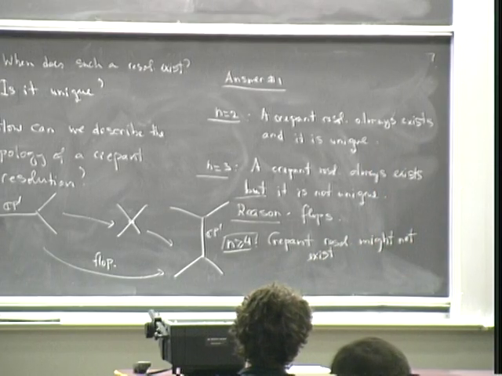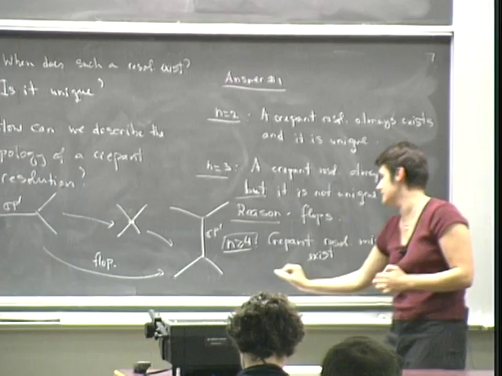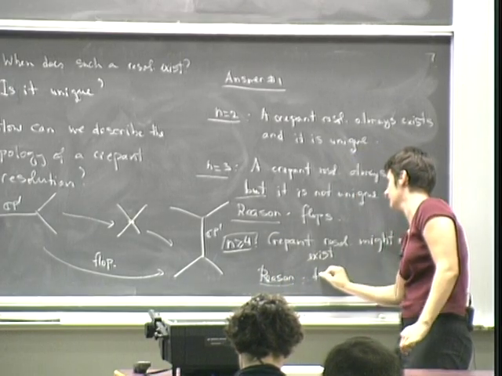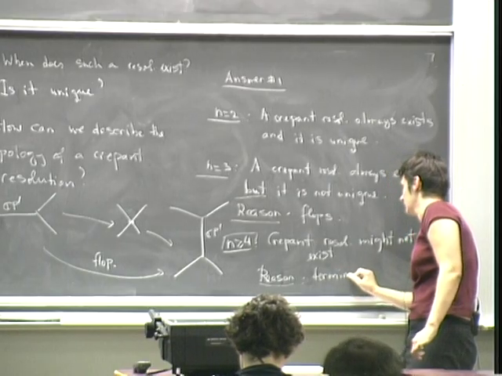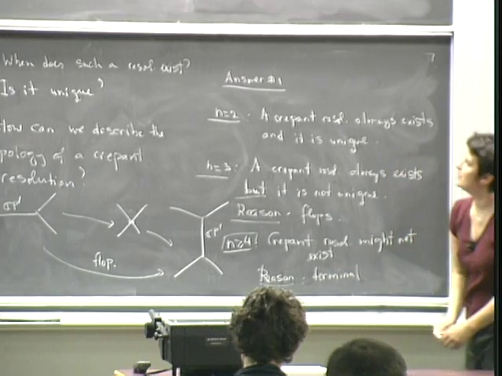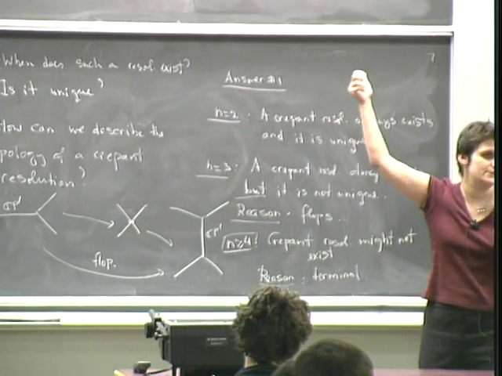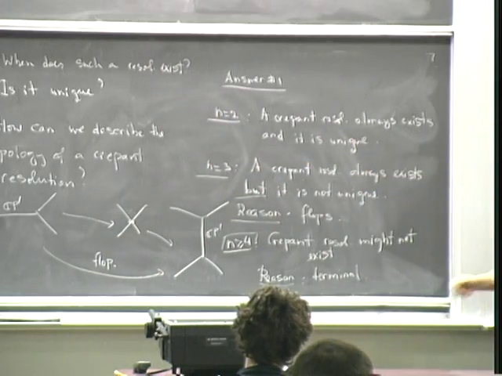And the reason for this is that the singularities will be terminal, which means that there will be no way to make that discrepancy 0. That's a terminal singularity.